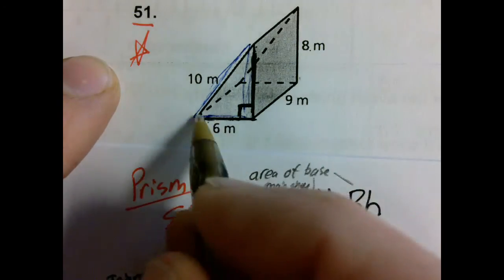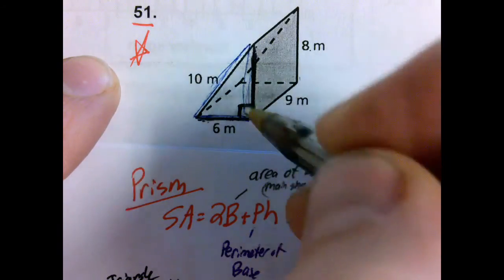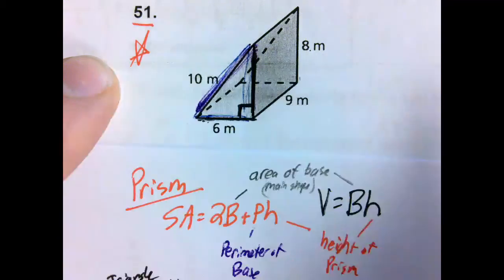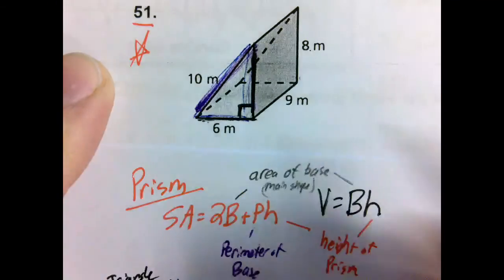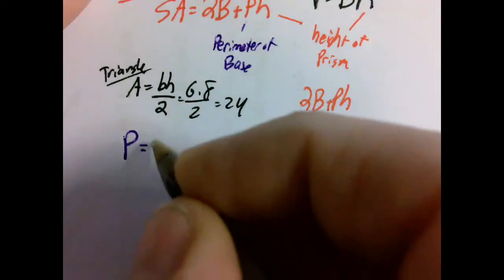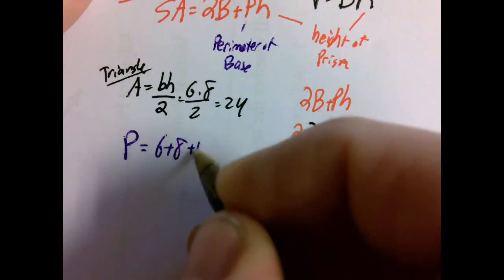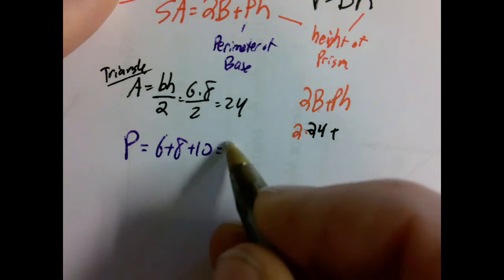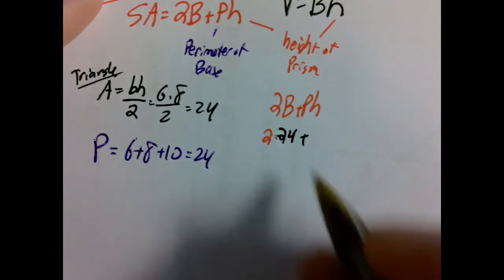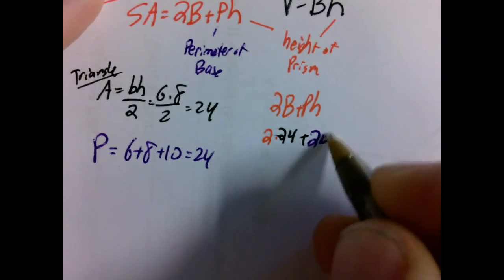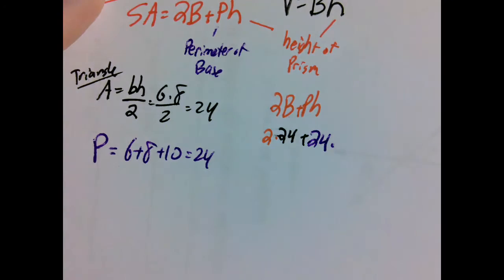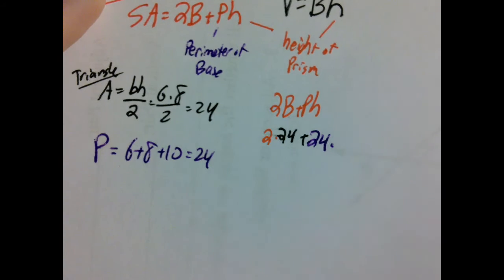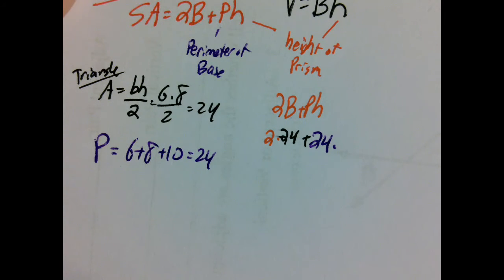So then do the perimeter of the base. Go around the outside. This side is 6, this side is 8. Careful, it's a triangle, we only want one other number, and that's this side here. Though you can use mental math and a calculator, do show me 6 plus 8 plus 10. So we can see that that's where that 24 came from, times the height of the prism.